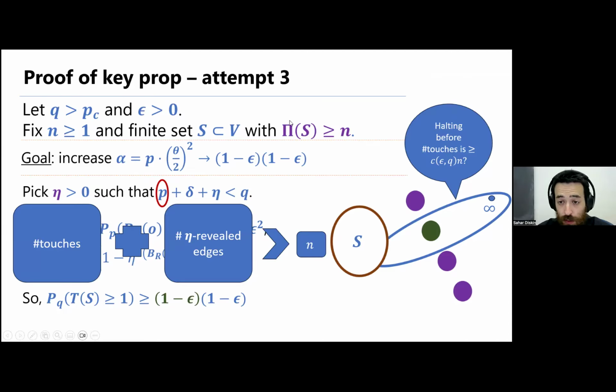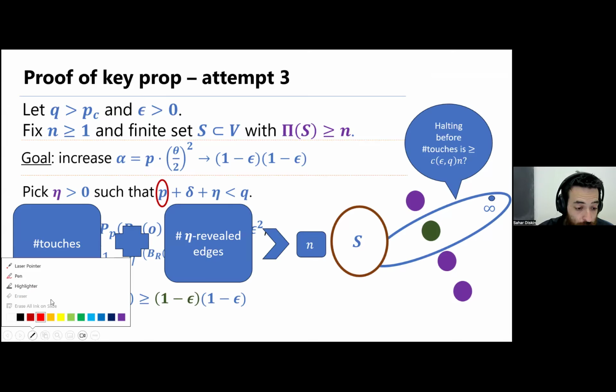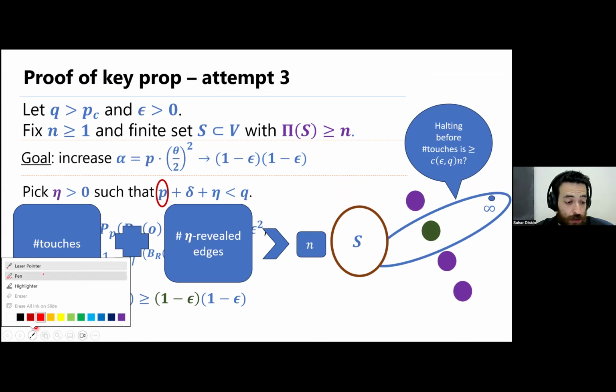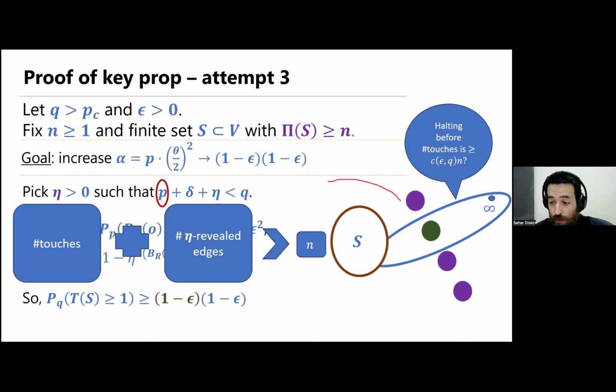Why is this true? This is exactly true because of this pi of S. So observe that if I want to somehow have this event stopping, I need to have already revealed under eta percolation so many edges together with the touches, so many edges that I manage to isolate S from the rest of the graph, from infinity.